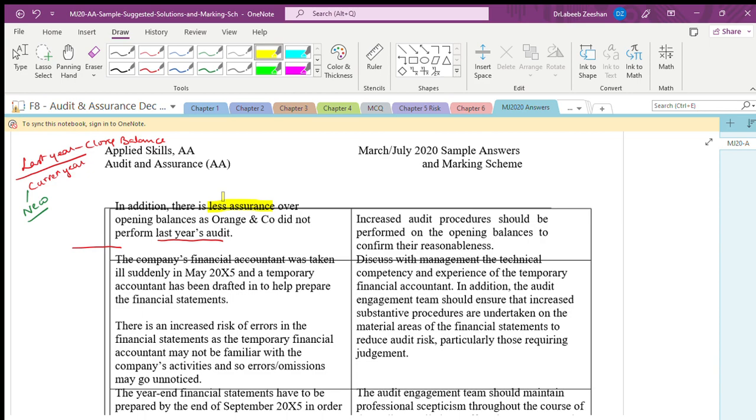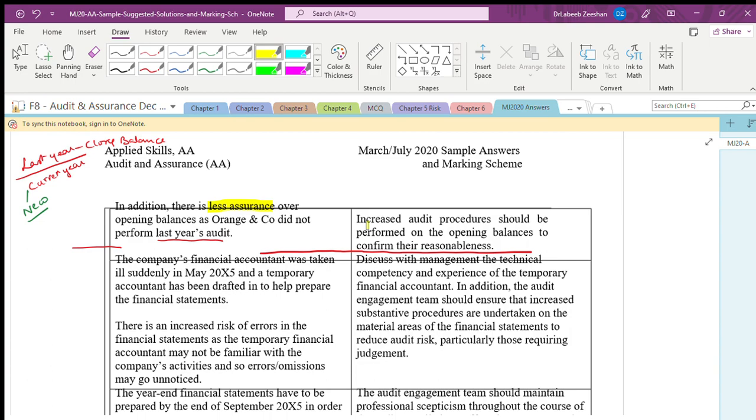If that is the case, you put one line here because it belongs. What is the response of the auditor if you have not done the previous audit and we are working with the new balances?